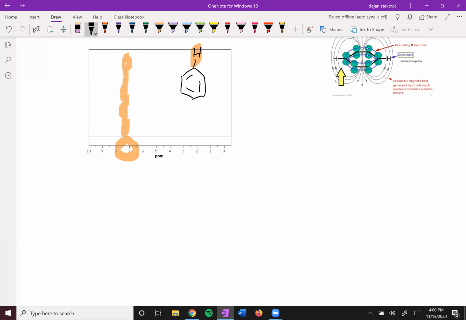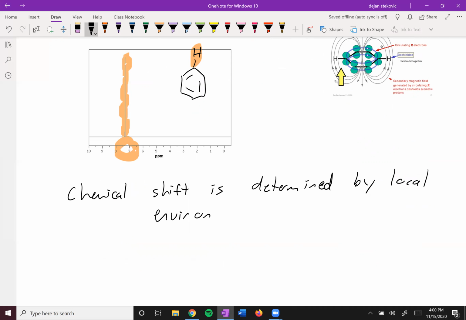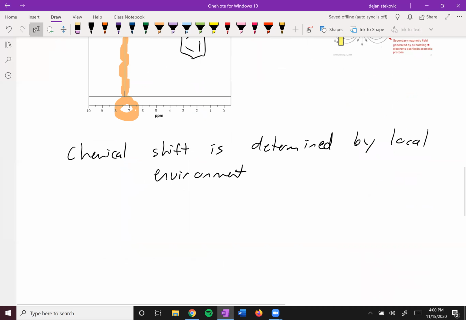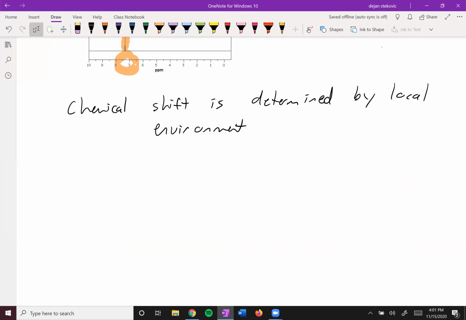So being next to an electronegative atom or next to a pi bond or an aromatic compound, benzene, will cause you to be deshielded, right? And so chemical shift is determined by the local environment.